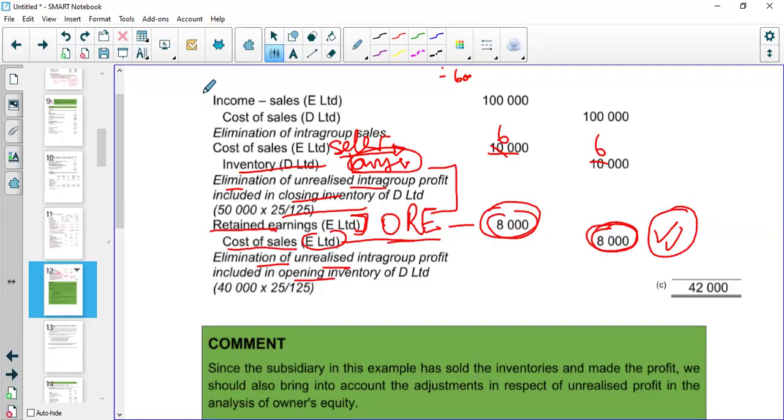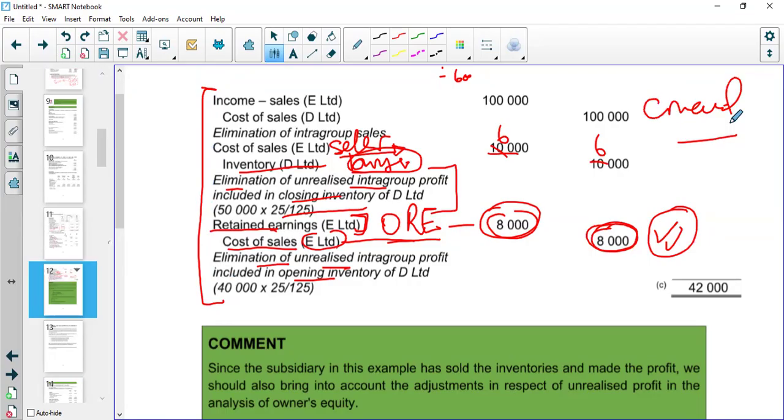So I want you to make sure you can do this because it's crucial. This is very crucial, especially when you go to third level. You get a lot of marks for this because at third level it comes with adjustments for deferred tax and income tax and stuff like that.